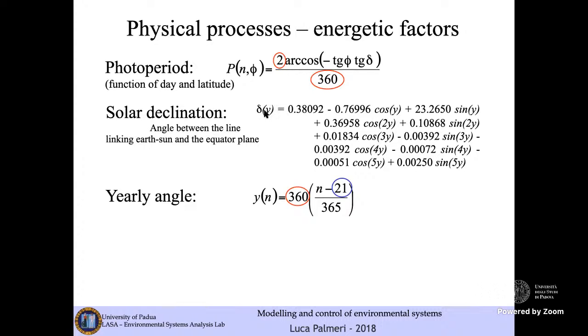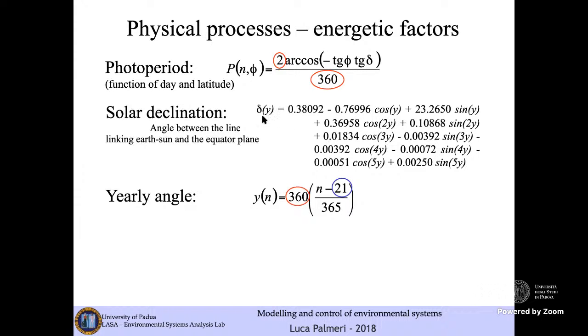So we may say that delta of the yearly angle epsilon is equal to this combination of sines and cosines. So this is a trigonometric function that is obtained by interpolation, linked to the movement of the Earth around the sun.